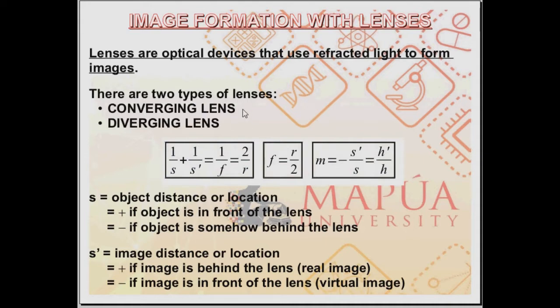There are two types of lenses to speak of: the converging lens and the diverging lens.